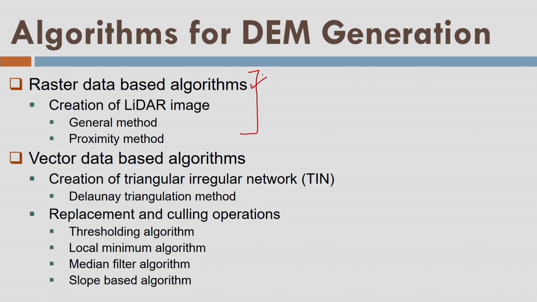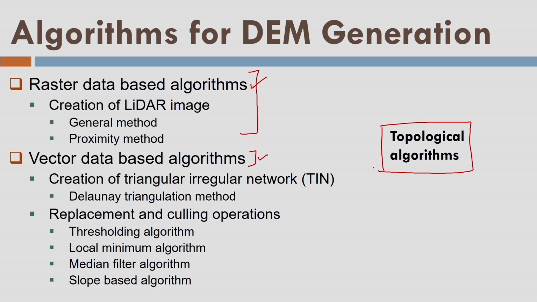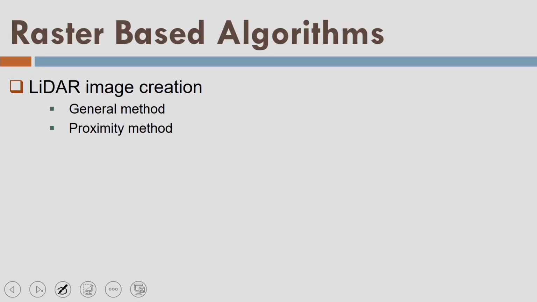The first is the raster data based algorithms and the second type is vector data based algorithms. We can use any of these algorithms to create the digital elevation model. All these algorithms are in the category of topological algorithms, and topology is the relationship of one point with its neighborhood. Let's talk about the raster based algorithms for the digital elevation model preparation using LiDAR data.